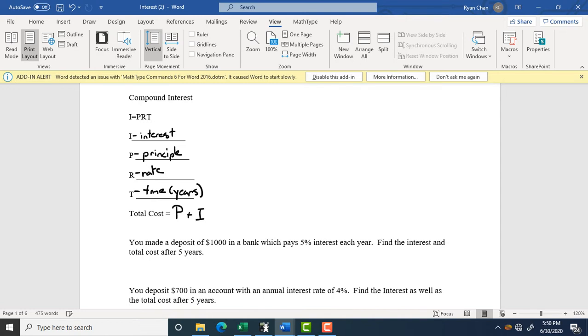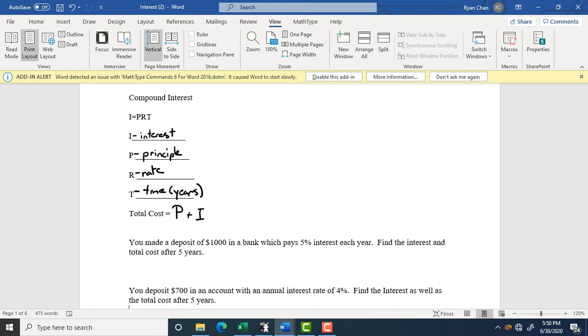So what is principal? Principal is the amount of money you start off with. Okay, so the idea is like you put money in a bank, okay, and then you want to see how much money accumulates. The money accumulates is your interest, and then if you add it together, that's your total money or your total cost. So let's take a look at an example here.